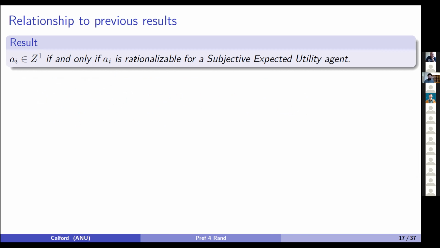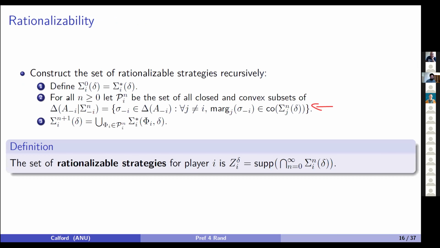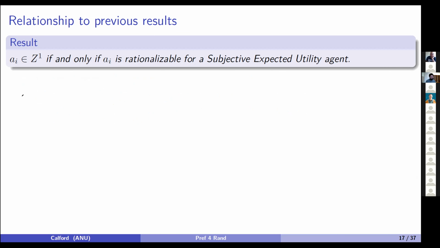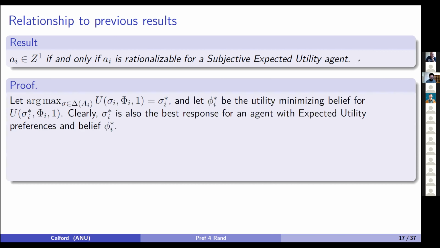Okay? I've got a correlated notion here because I'm not imposing the independence of the beliefs in this set. So I have a correlated notion of rationalizability. And so if delta is equal to 1, it's actually equivalent to correlated rationalizability for a subjective expected utility agent. Okay? And this result is essentially the Chen and Liu result.